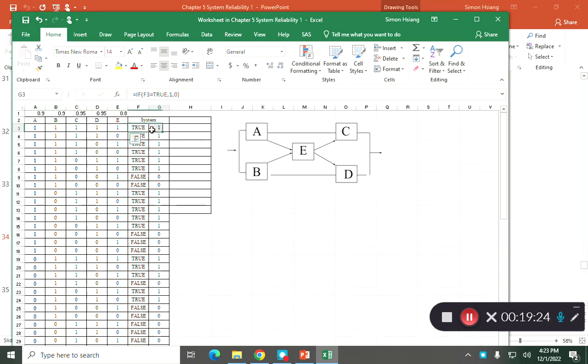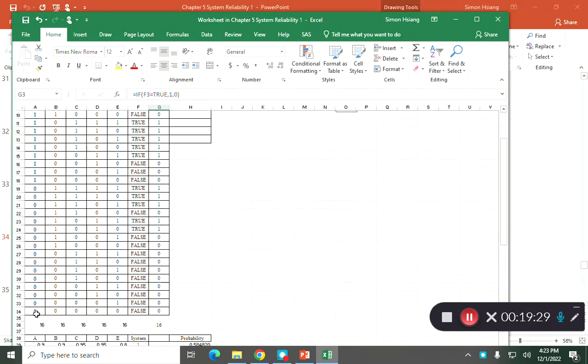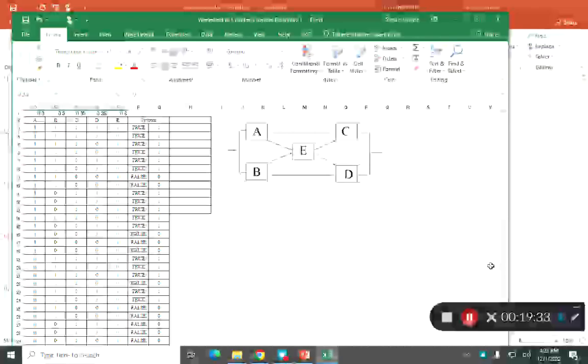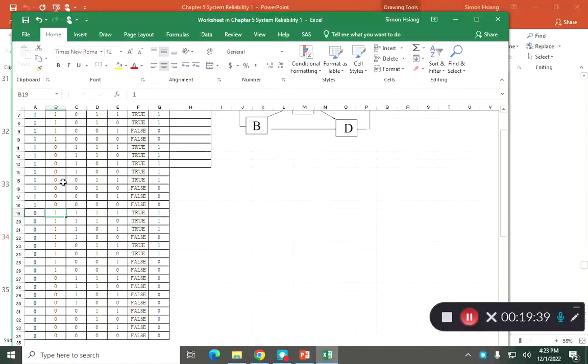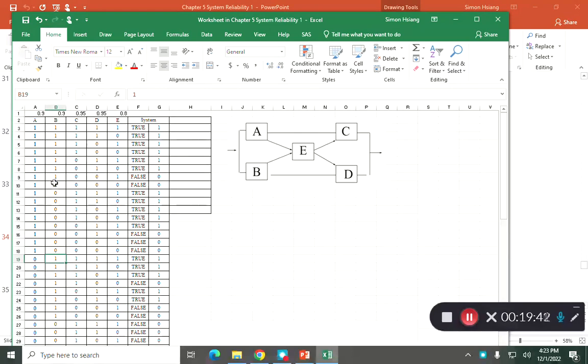Working. And for example, of course, at the end, A, B, C, D, E all fail, the system fails. Agree? And let's look at B, D. So if I only have B and D as 1, if B is 1 and D is 1, I don't know where that is, B, D.